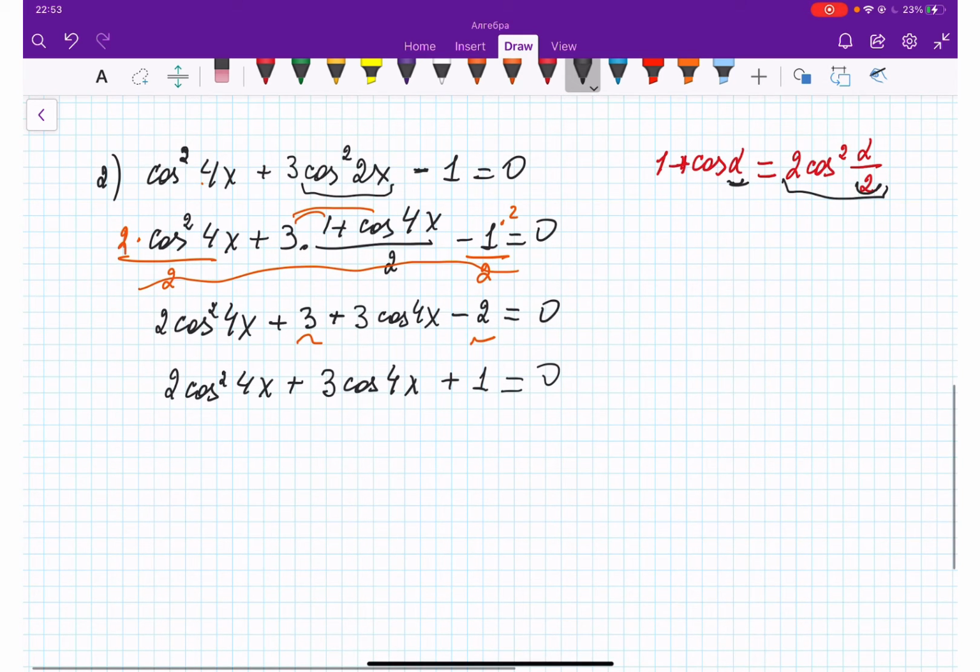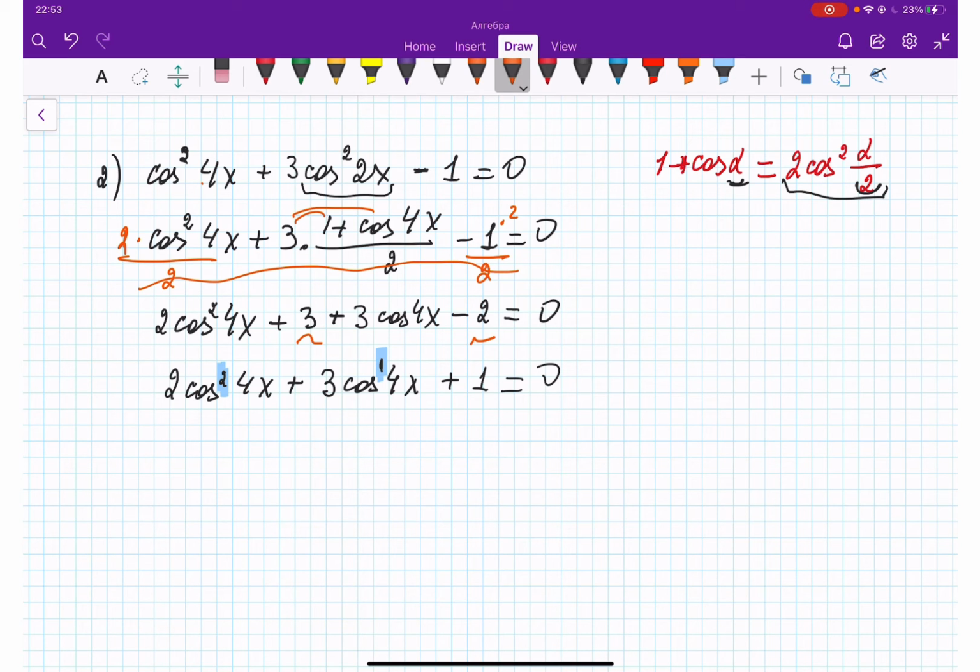Look what we have. I have here a square. Yes, here I have a first degree, right? And a free term, so it's a quadratic equation. Let's do substitution at this point.